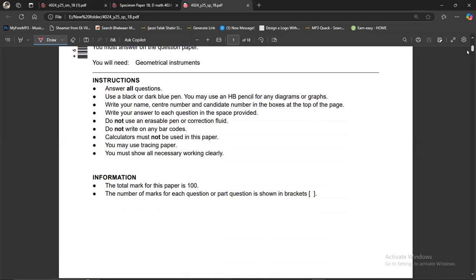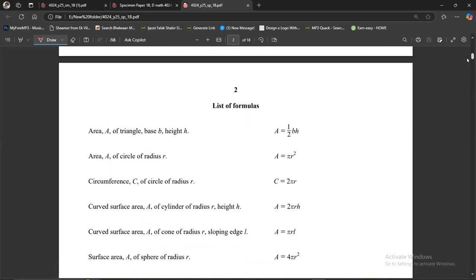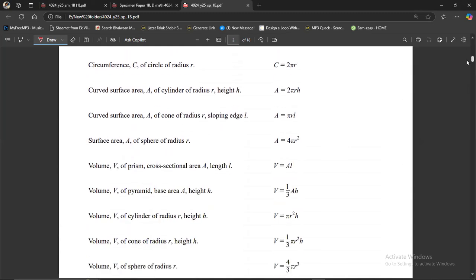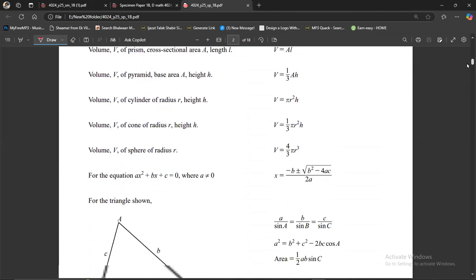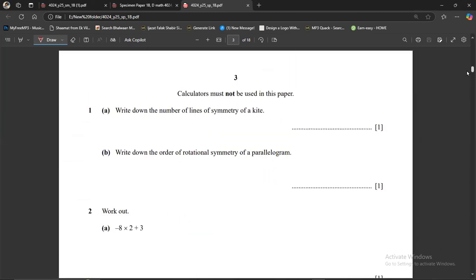The total marks for this paper are 100. A formula list accompanies this paper, so you can see that formula list and pay attention to which formulas will be given. So here we go.